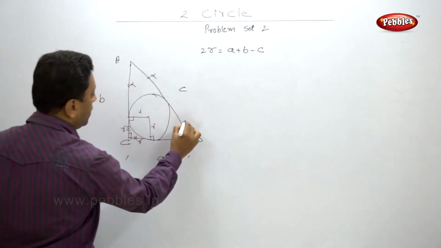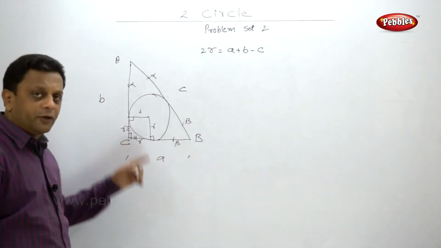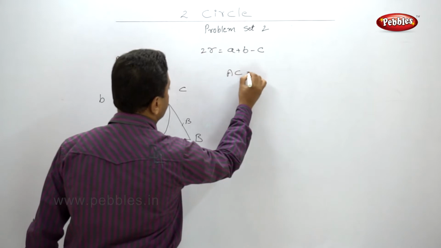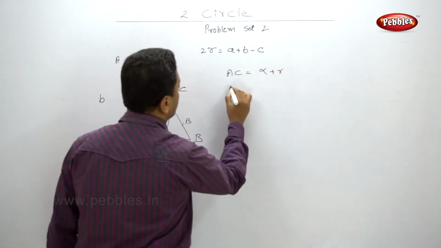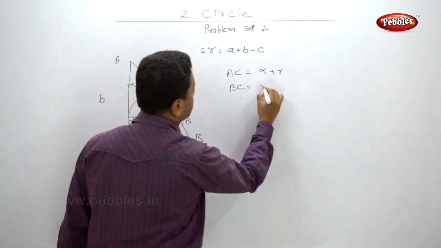I can write here alpha, alpha, this is beta, and these are the R. We know that. So let us write AC is equal to alpha plus R. BC is equal to R plus beta.